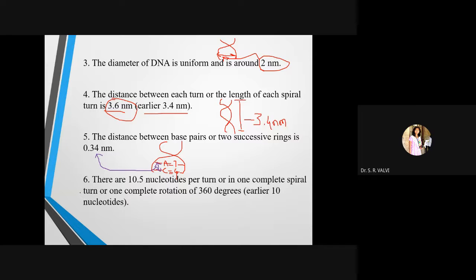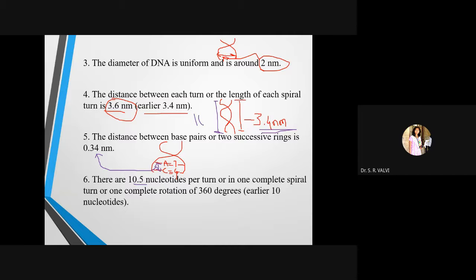Now the next part: there are 10.5 nucleotides per turn in one complete spiral turn. So here we are saying, in 3.4 nanometer of length for one turn, how many base pairs are present? 10.5.